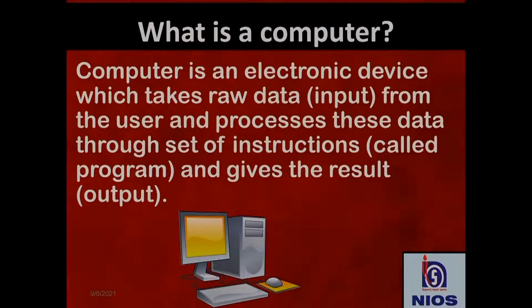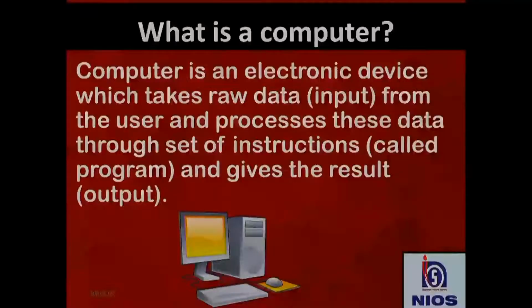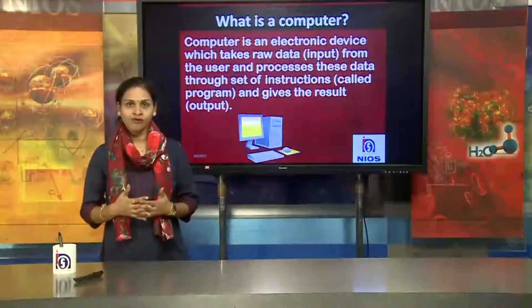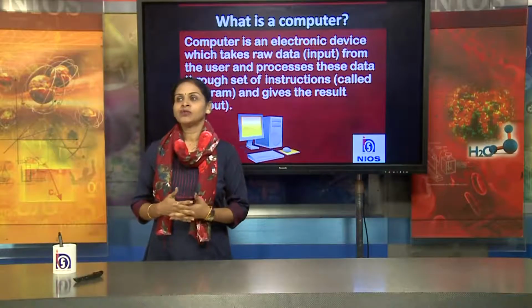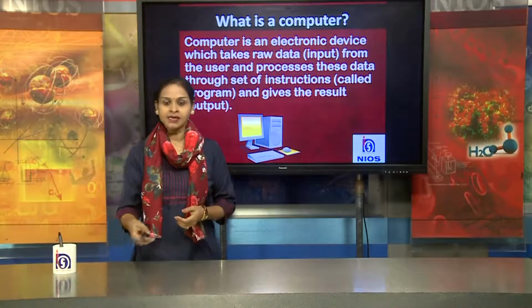A computer is an electronic device which takes raw data as input from the user, then processes this data according to a set of instructions called a program, and gives the desired output.